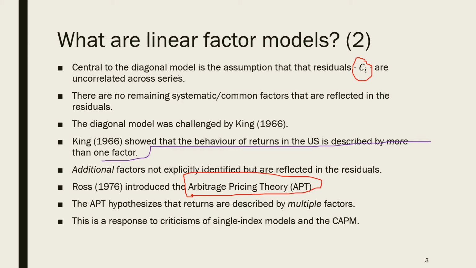So although King suggests this, it is Ross that formalized this concept. In other words, in summary, the APT hypothesizes that returns are described by multiple factors, and we view this as a response to criticisms of single index models and the so-called capital asset pricing model.